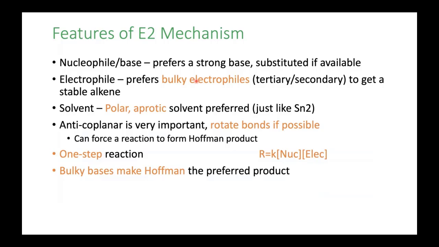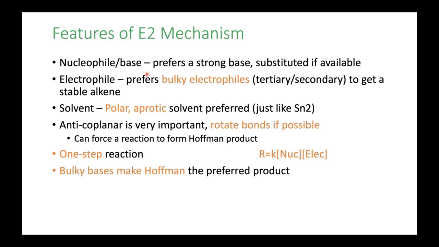All right, so features of the E2 mechanism. The nucleophile or base prefers a strong base, and we prefer a substituted base or nucleophile if available. Remember that nucleophilicity does not like bulkiness, because that will get in the way and cause steric hindrance of its backside attack.